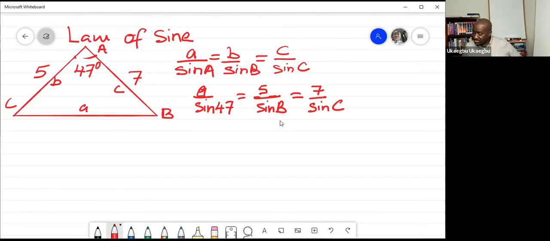You can use either a combination of A and B or A and C.